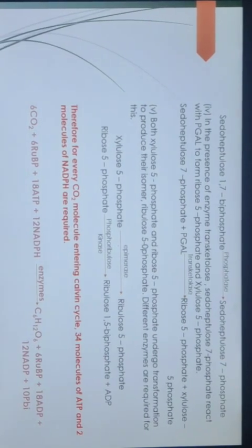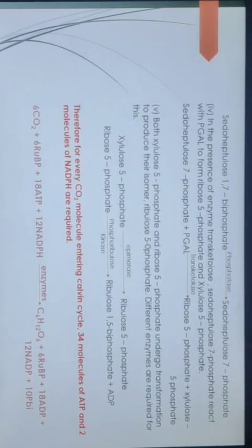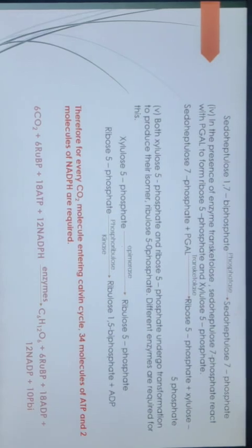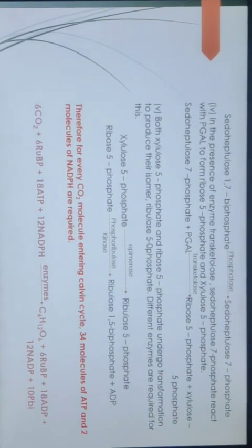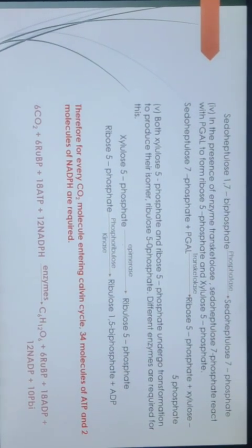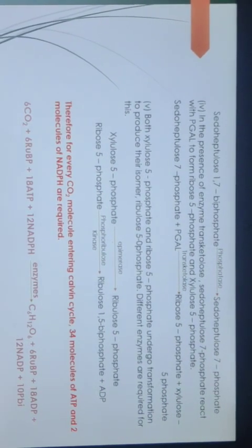Ribose 5-phosphate, in the presence of enzyme phosphoribulokinase. Again I am telling you that you should remember the name of enzyme. In the presence of enzyme phosphoribulokinase, it forms ribulose 1,5-bisphosphate plus ADP.